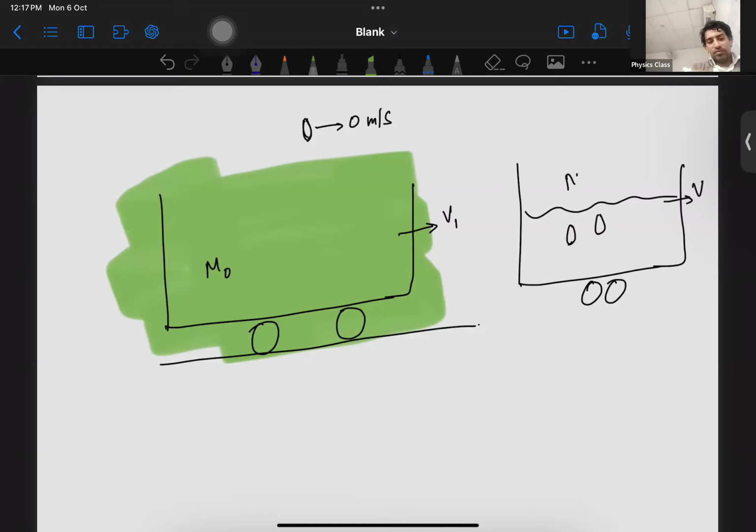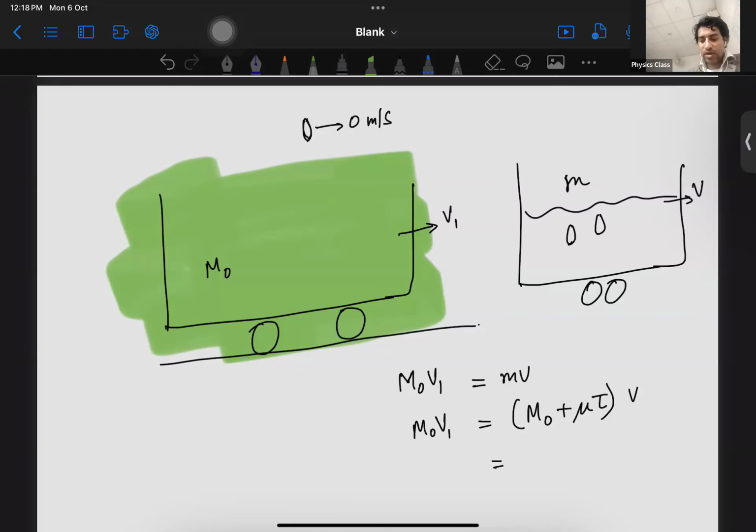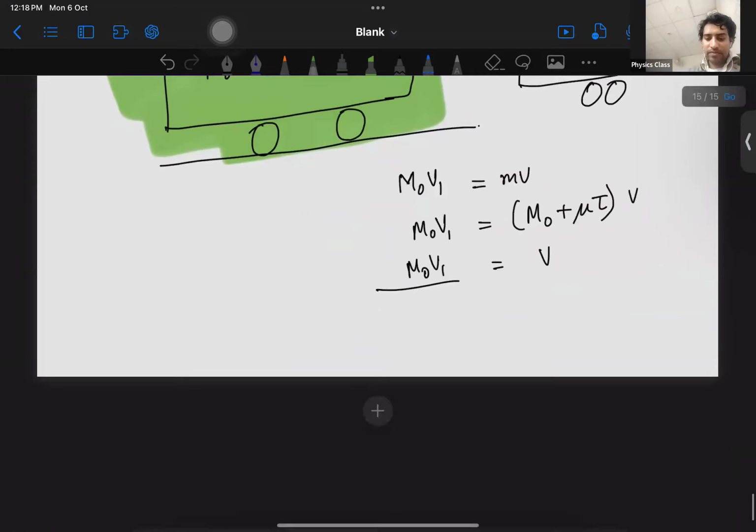The mass of the system is how much? Small m it is. So what we can do is apply the conservation of linear momentum directly also, and say that the final momentum is nothing but the initial momentum, and this m over here is nothing but m naught plus mu t into v. It's nothing but m naught v1. Get the v value as m naught v1 by m naught plus mu t.